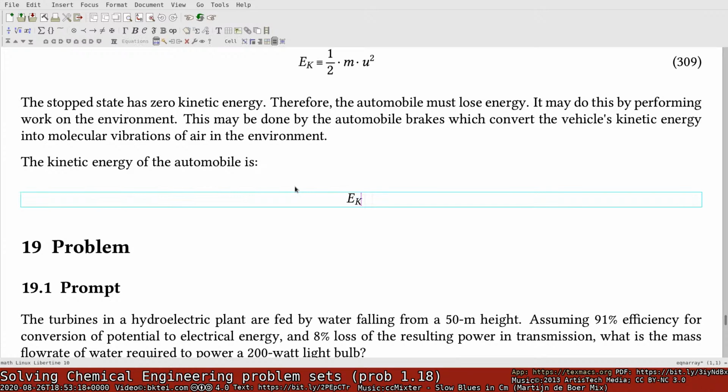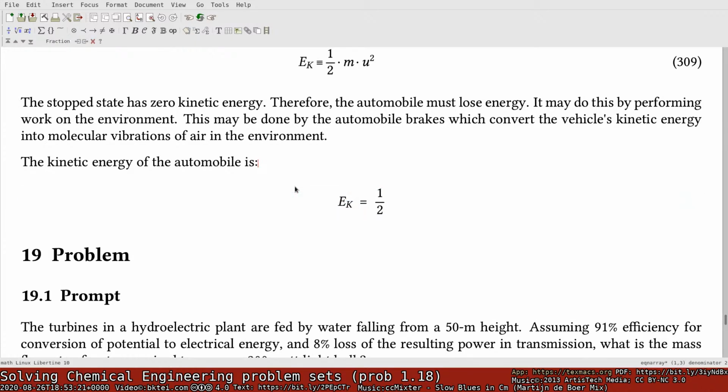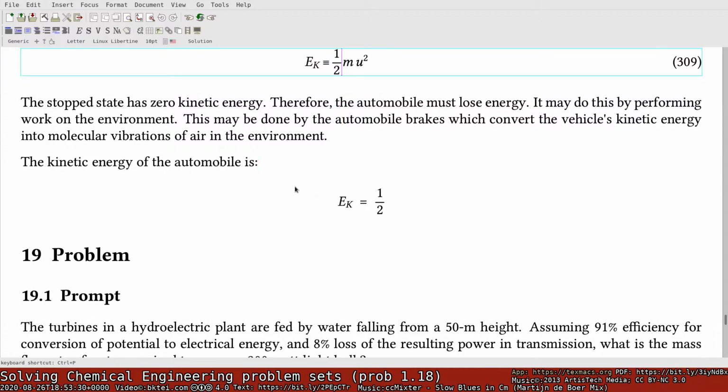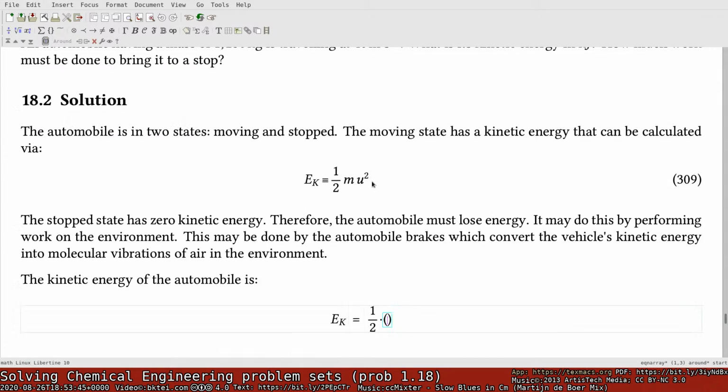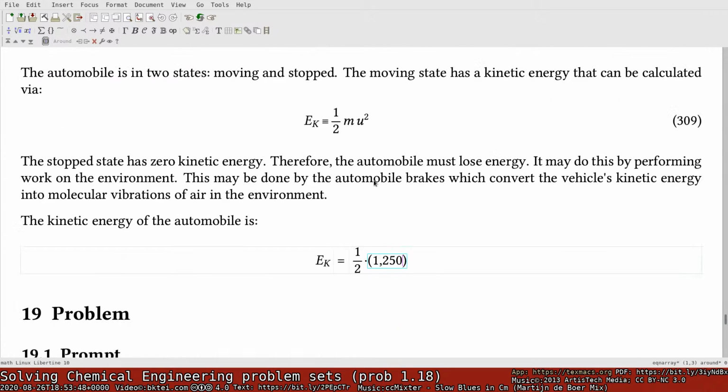E sub k equals 1/2 times the mass. The mass of the automobile is 1250 kilograms, times the velocity squared. The velocity is 40 meters per second. We'll square that.